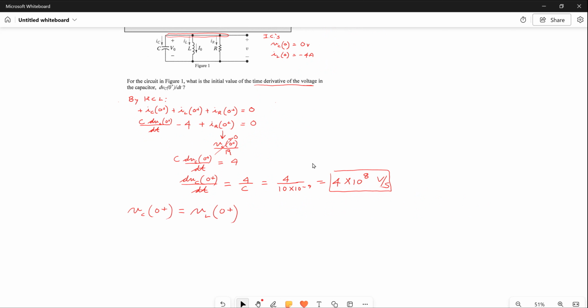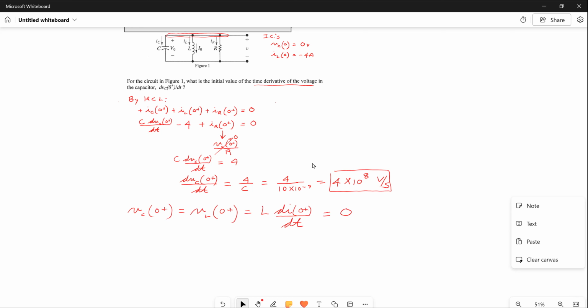Well, why? Because that's a parallel circuit. They have to be equal. That has to be equal to L di at 0 plus dt. And all that has to equal 0.